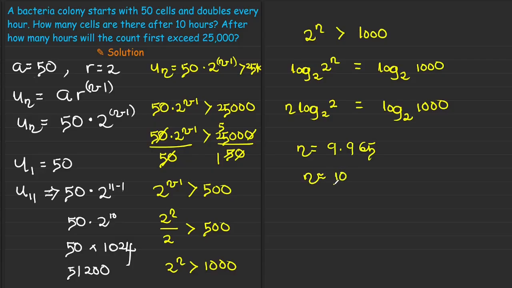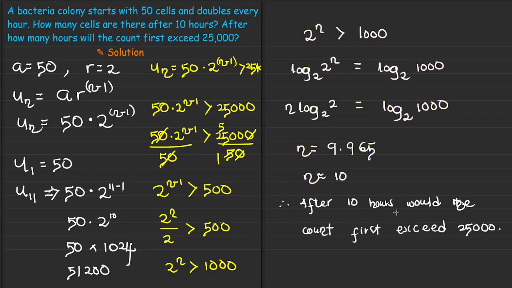You see, so this is to tell us that it is after 10 hours that the number of cells are going to exceed 25,000. So that is going to be our conclusion. And this is actually the last question of this session.